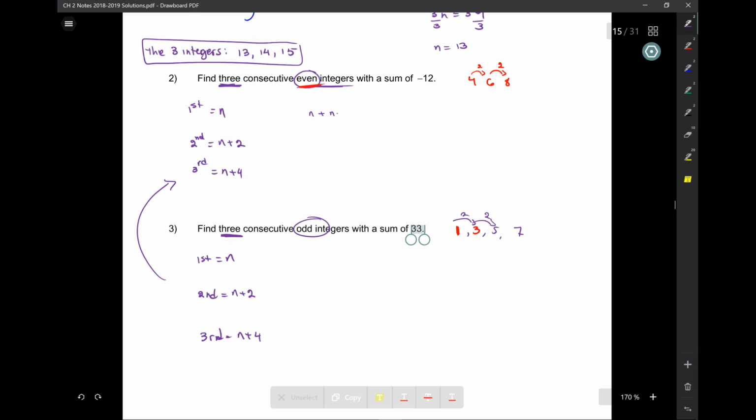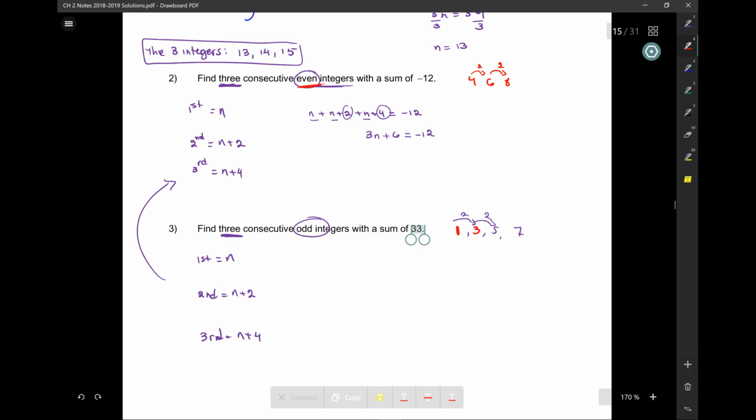So n plus 2, n plus 4 equals negative 12. How many n's here? 3n plus 6 equals negative 12.